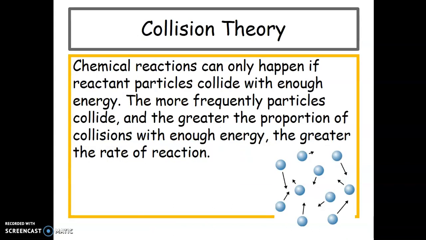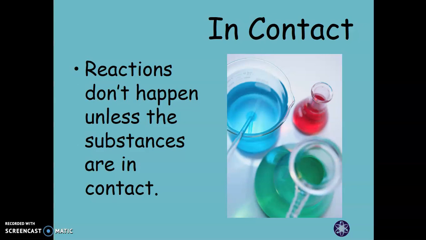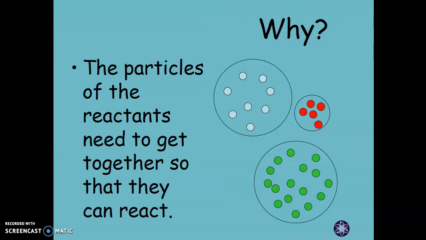Okay, so as we said, chemical reactions can only happen if reactant particles collide with enough energy. The more of those collisions that take place with the required amount of energy, the faster the rate of reaction will be. So, reactions don't happen unless the substances collide. These slides show it a bit better.